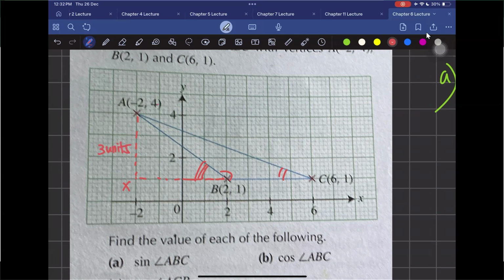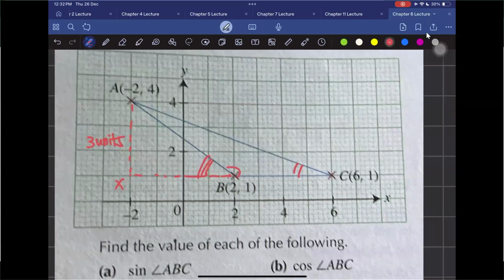This coordinate is 4, this coordinate is 1, so 4 minus 1, you will get 3 units. Remember, we are only looking at the y coordinate here. Now looking at the x coordinate, this is minus 2, this is 2, so your XB is equal to 4 units.